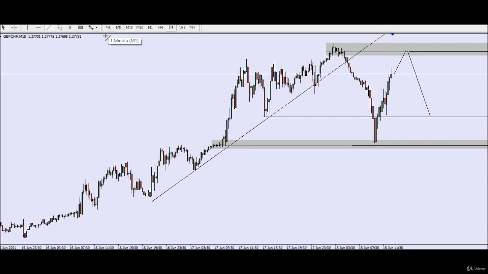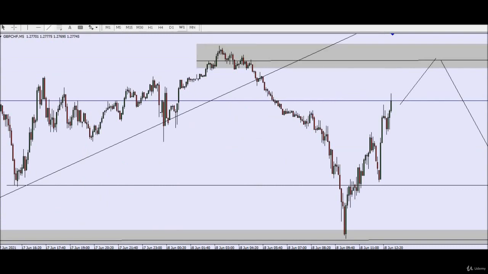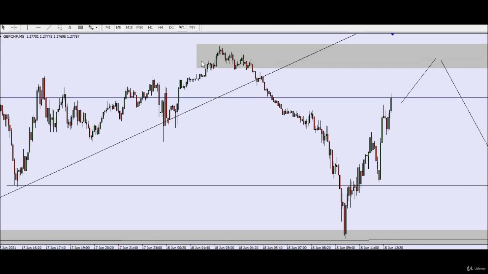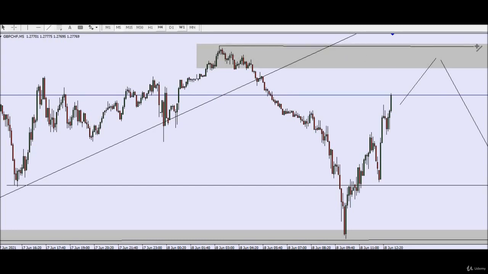So that's what we can await. On 5 minutes we see big moves even on this time frame. So as you can see, we can move this level here.